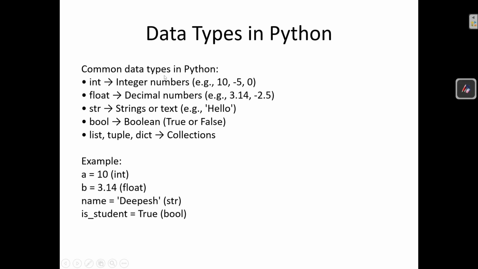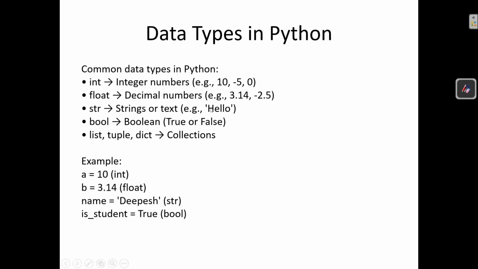Integer. Integers are our normal numbers, 1, 2, 3, 4, or counting numbers, you can say, all the whole numbers. And floats are numbers which are decimal numbers. Strings are words or text, like our names or any kind of word that you are writing.